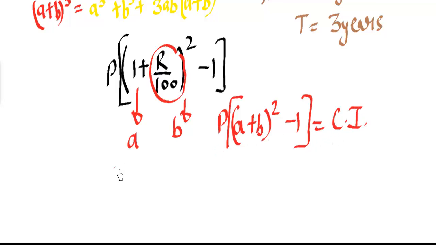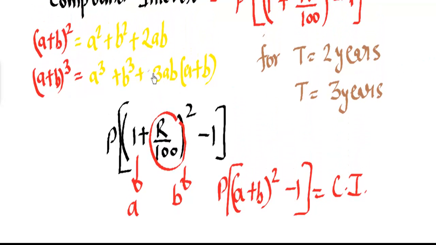Now I know my a is 1, b is r upon 100, and I also know the formula of (a plus b) whole square, that is a square plus b square plus 2ab.